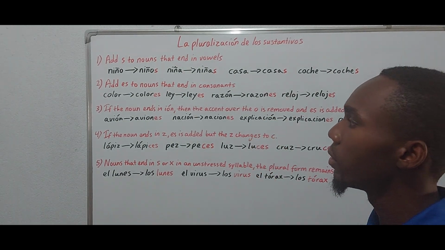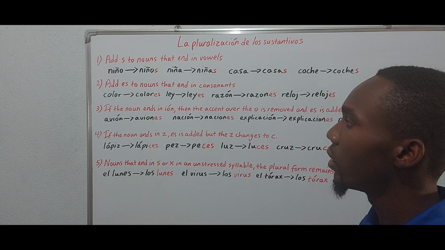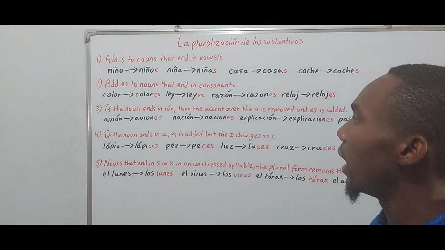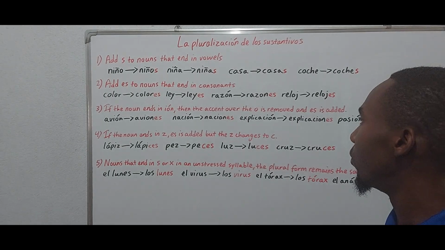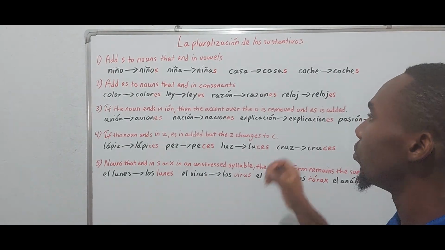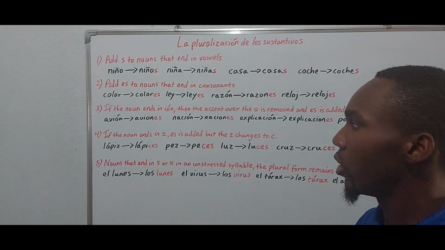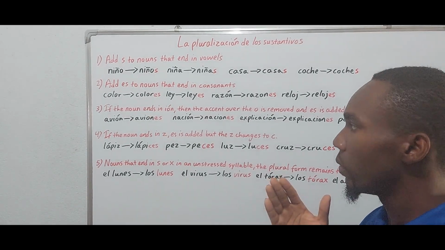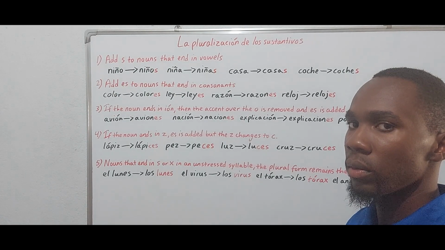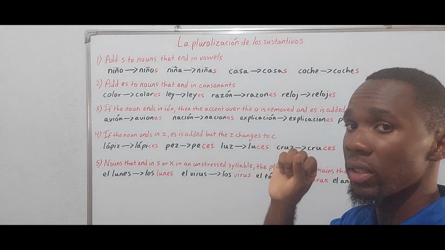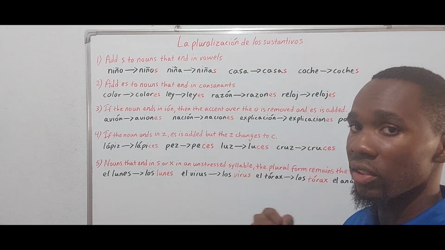Number 3: if the noun ends in ión, then the accent, or tilde, over the o is removed, and es is added. So if we have a noun that ends in ión, and we want to make that plural, we remove the tilde on the o, and we just add es.